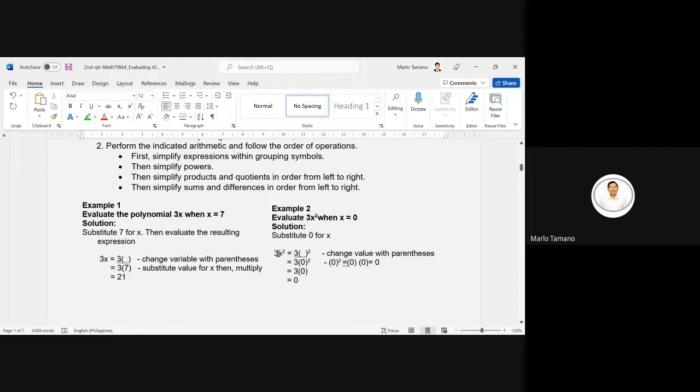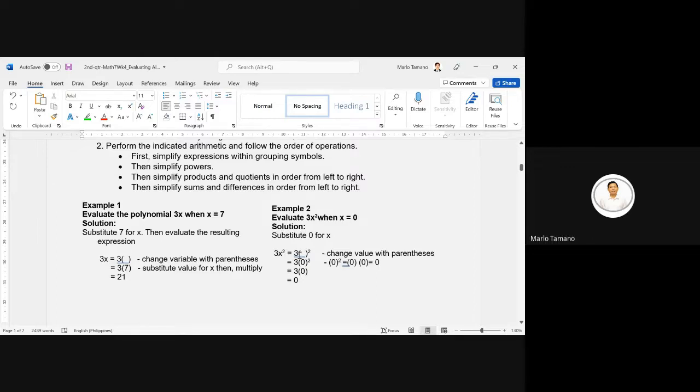Yung given po natin na 3x squared, pwede natin tawagin expression or polynomial. Naintindihan? Okay? So, evaluate 3x squared when x is equal to 0. Solution, substitute 0 for x. Then 3x squared is equal to 3. Tapos multiply.